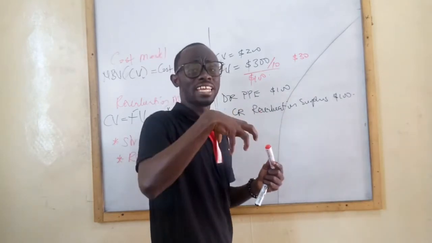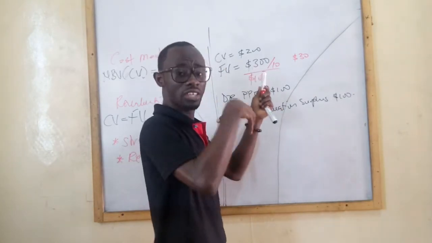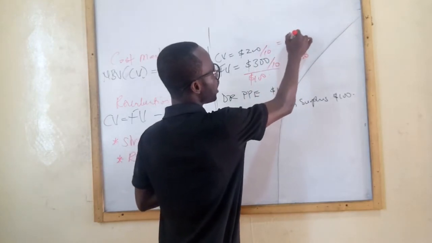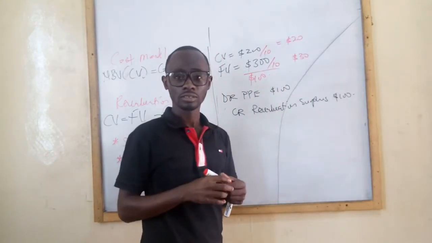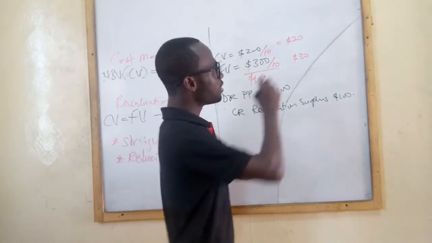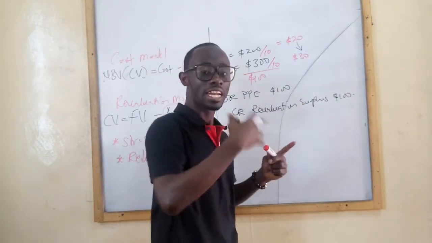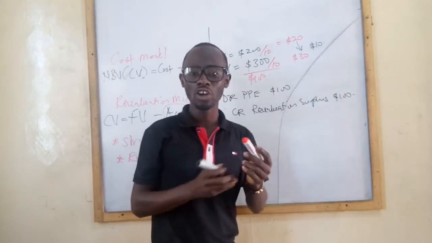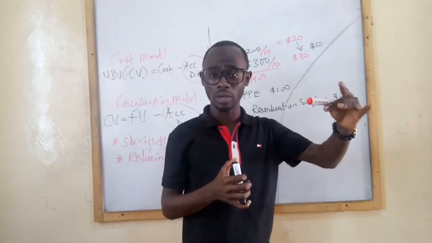But if we hadn't revalued the assets, then the depreciation to be charged over 10 years would have been what? 20. So you will see that there is an extra depreciation being charged of how much? $10.